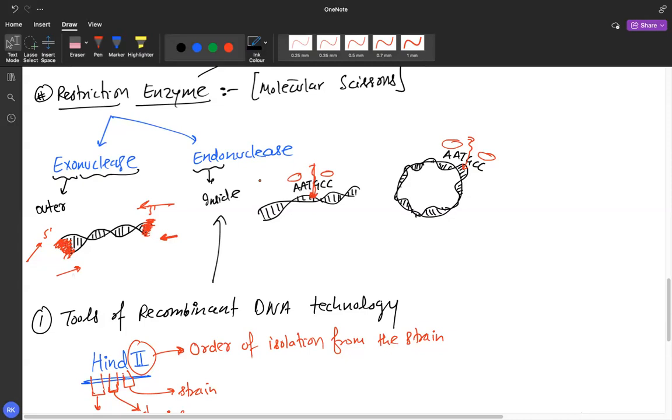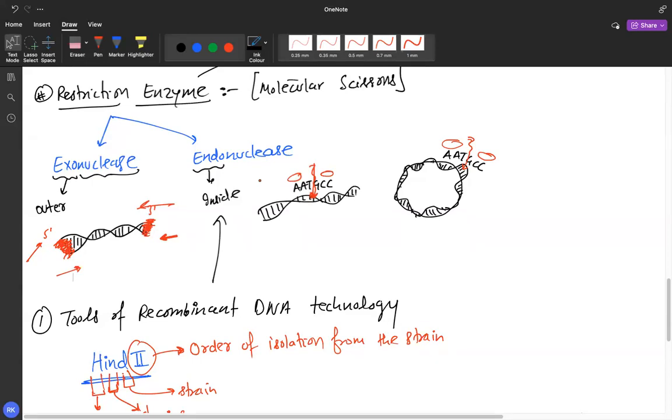Now there are around 1,000 different kinds of endonucleases that we have discovered from different strains of bacteria. Endonucleases are a great tool because they provide specificity.